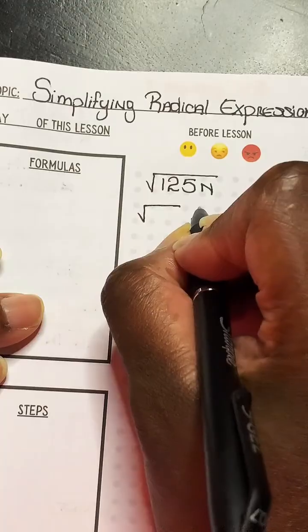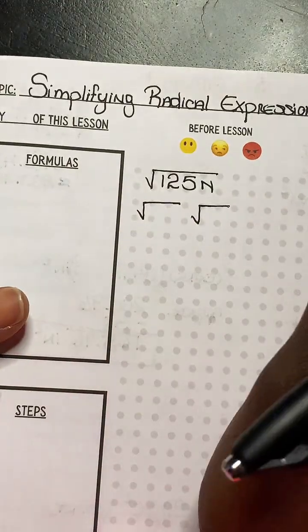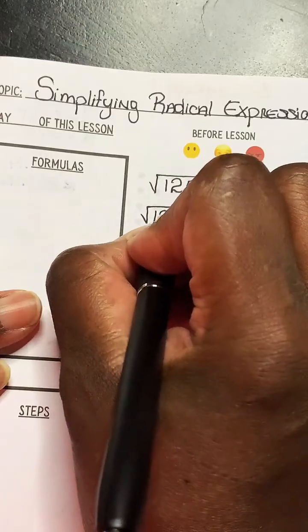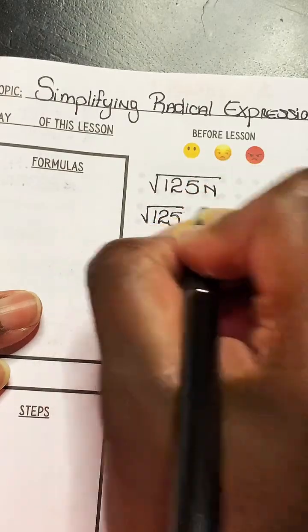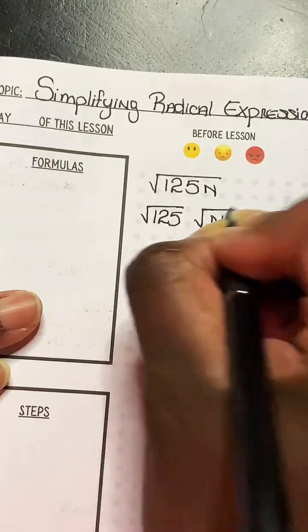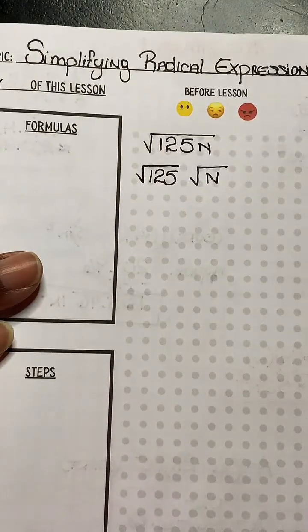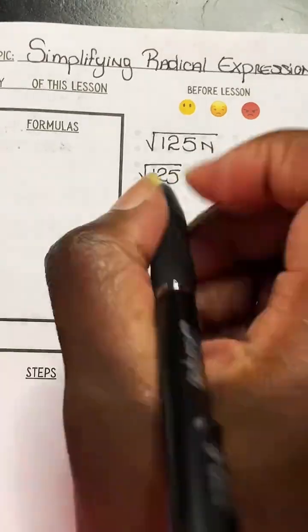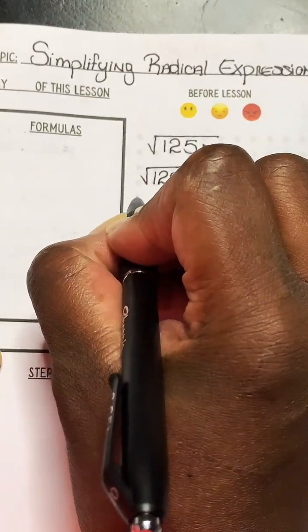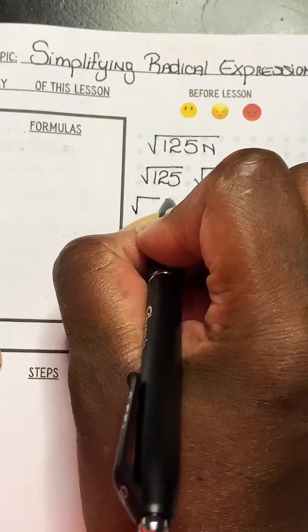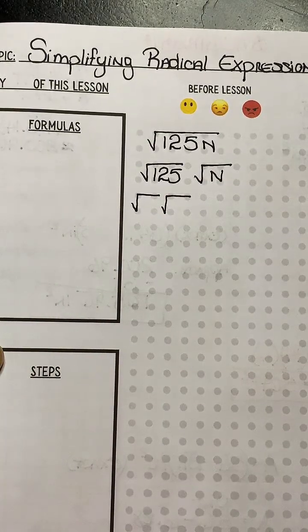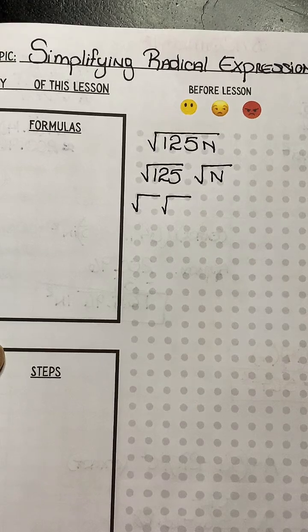The first thing, as I teach people that are just learning it for the first time, I like to split my numbers and the variable and put them in their own square roots. Now, the square root of 125. If I want to get that perfect prime combination, I need to think what two numbers multiplied together will give me 125.